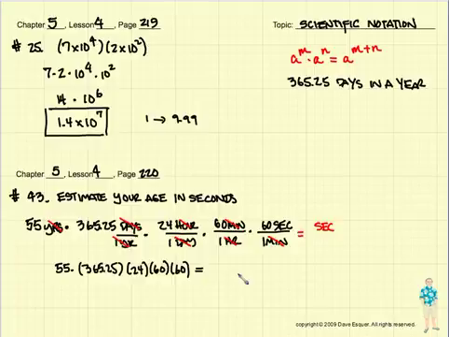We have 55 times, and then I have 24, and it looks like I have 1,735,668,000 seconds. Let me try that again to make sure I didn't make any mistakes.